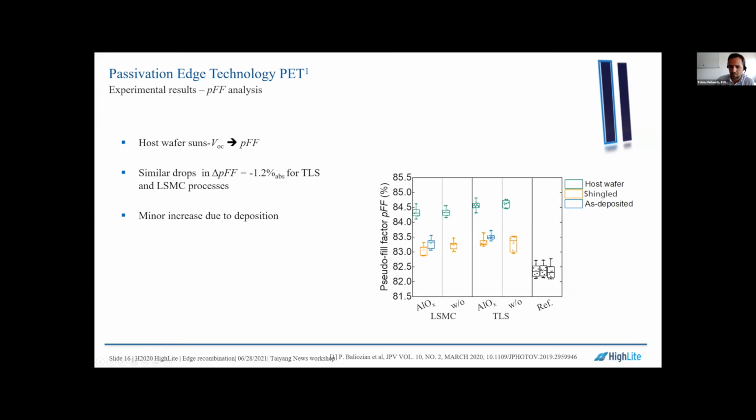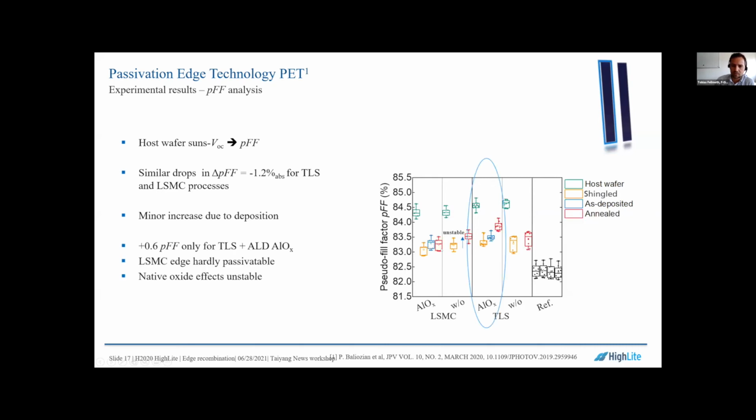both pseudo fill factors getting a bit better with a minor increase after deposition. And then we do the annealing, and you can see that with the LSMC group, it doesn't change at all. And also with the group without passivation, there is no change. You see a change only in the TLS group.